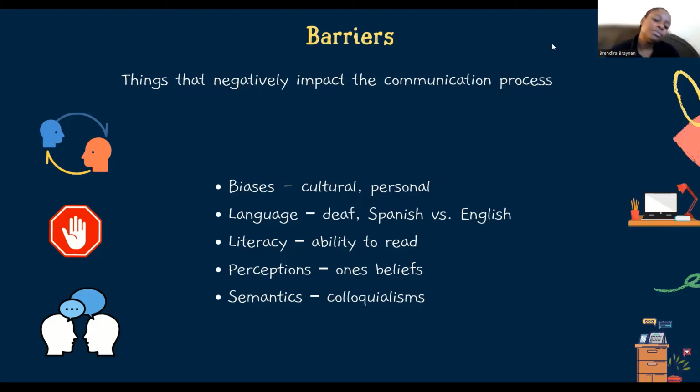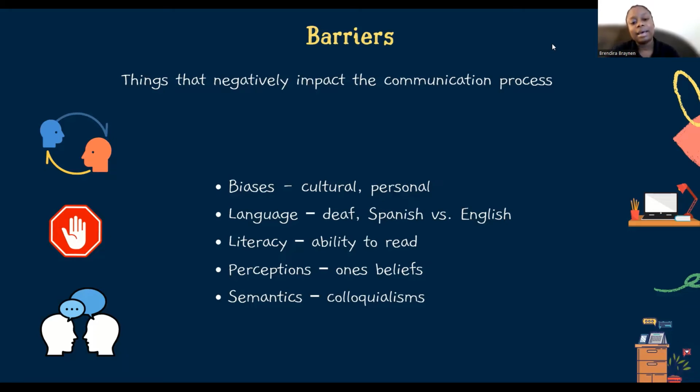And so semantics plays a key part in that process, and therefore affects how the person receiving the information understands what message you're trying to send. Because in all things, the communication process involves trying to send a specific message.